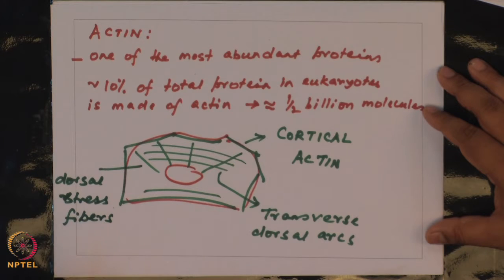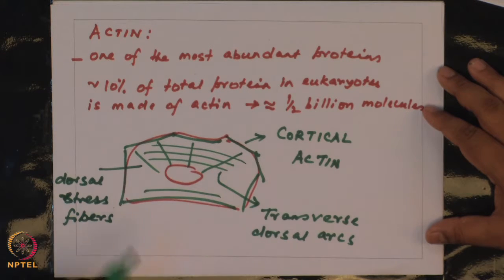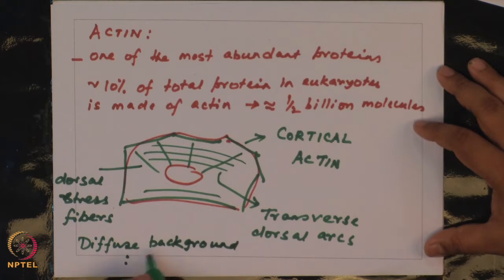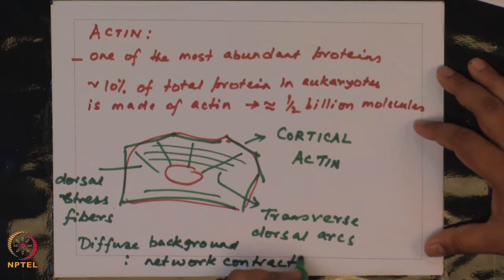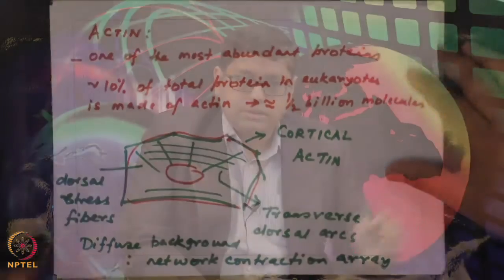In addition to forming these fibers, you will have a diffuse background. So, these are referred to as a network contraction array. So, you have various different actin structures.